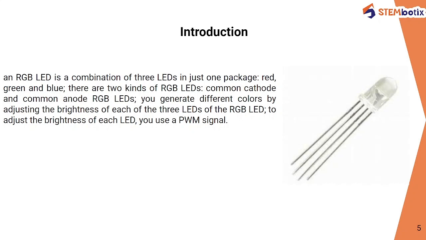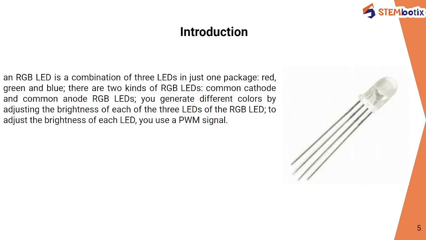In science, these are the basic colors, and all others are combinations of these three colors: red, blue, and green. The Arduino has an analogWrite function, which helps us obtain different colors for the Arduino RGB LED.